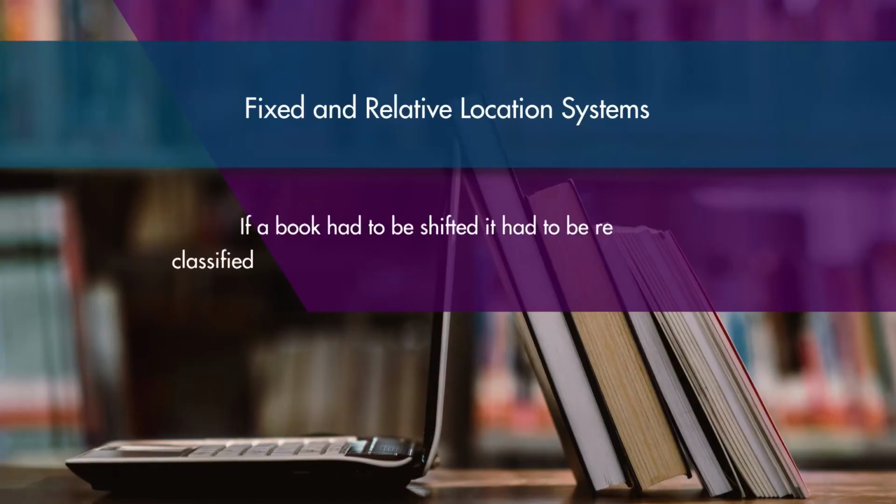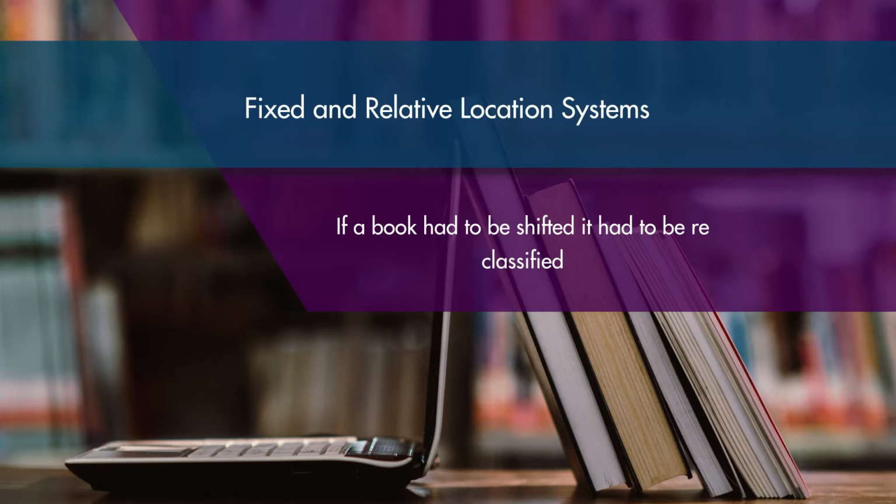But in a fixed location system, you identify a book by the location. Let us say that you write the location number of the book on the book so that you know where it is. The moment the book finds a different place, this location number has to change.